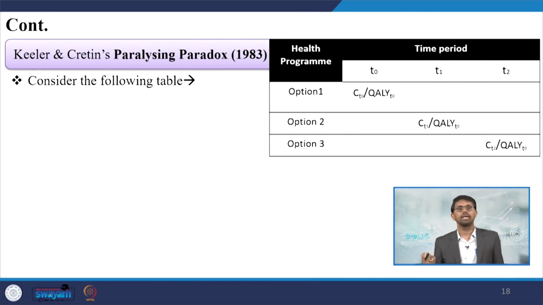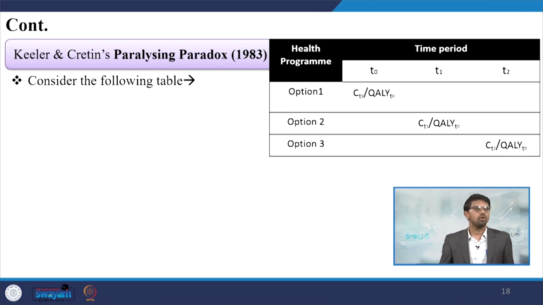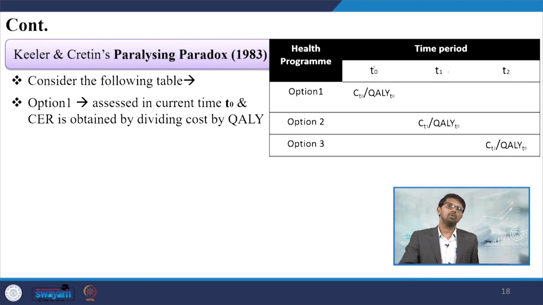It refers to the context where the return or the outcome is constant, you are going to get that same constant in the next year. So, your outcome is going to be the same in the next year, and if your cost is incurred in the next year, it is better to defer your project or your program. In that way, T0, T1, T2 we have mentioned. If you want to treat your disease and you know that your outcome is going to be the same in the next year, it is better to deal with it in the next year.